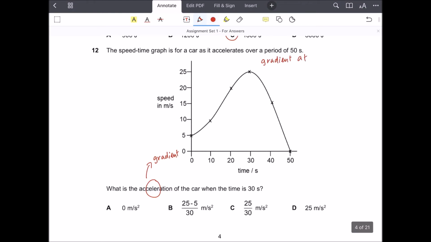Okay, so the gradient at any turning point, whether maximum or minimum point, is 0. Okay, so in this case, at t equals 30, acceleration is 0.